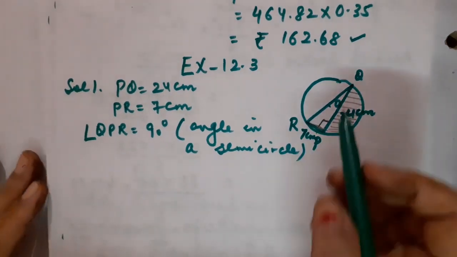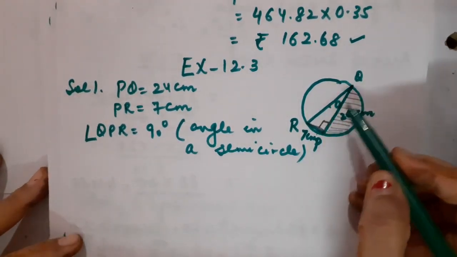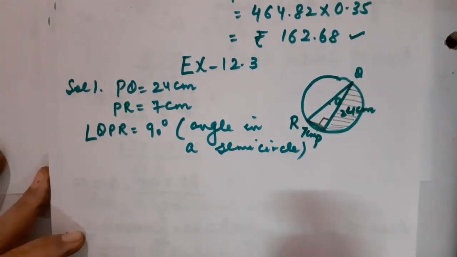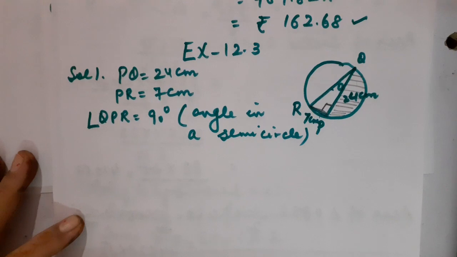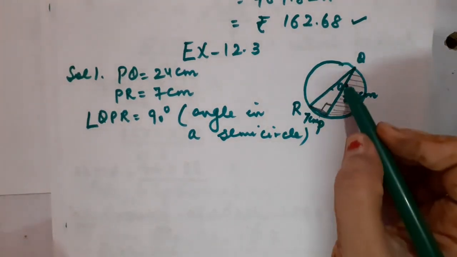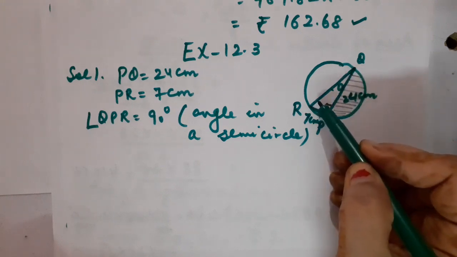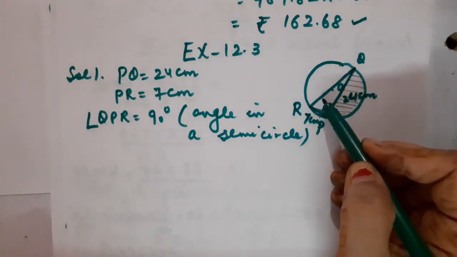Correct? So if it is 90 degree, can I say that QPR is a right angle triangle? Yes. Then I can apply Pythagoras theorem to calculate QR, which is the hypotenuse of the right angle triangle.